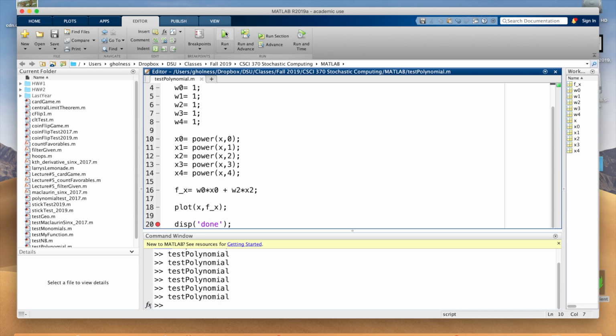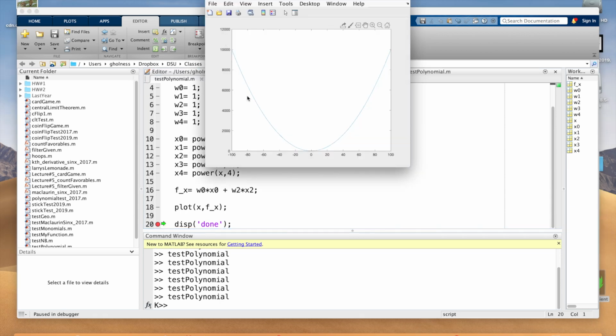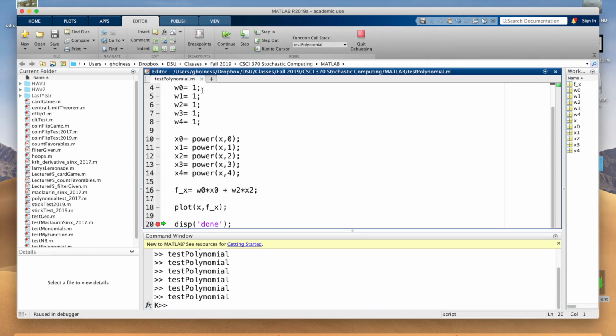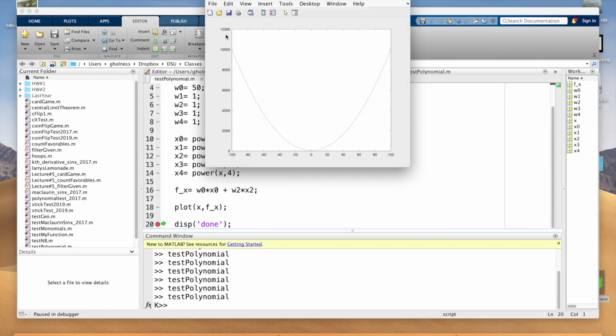So let's save that and let's run it and see what happens when we add our W naught X naught, or x to the 0 power, to the W2 times x squared. So we do that. Well, it's kind of hard to see because it's only raising it up 1, but let's now increase our coefficient to say 50 on the W naught term. Let's save that and let's rerun it.